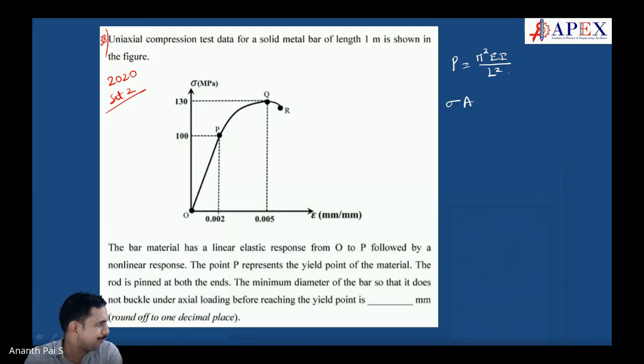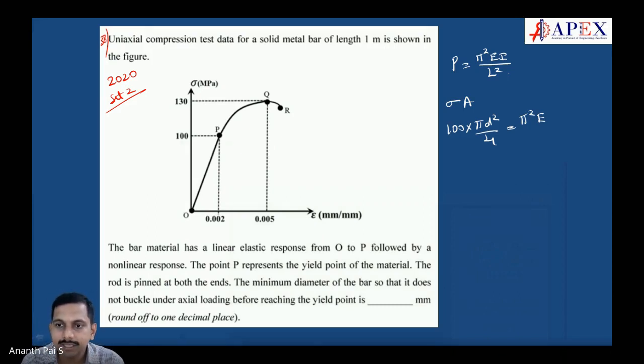Yes or no? P is stress into area. Stress is given as 100. Area we don't know. Okay, pi d square by 4. This has to be equal to pi square E. E is not given.